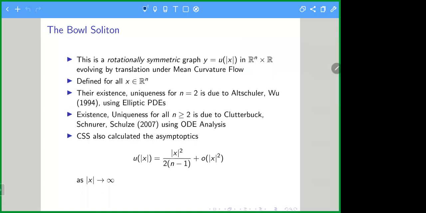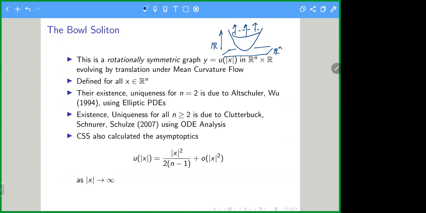So now, what is it that I'm specifically interested in? If you work in mean curvature flows, you might know this thing called the bowl soliton, which has a radial symmetry. Down here is R^n, and this is the translation direction, which I'll call R, and this is something that evolves by translation.